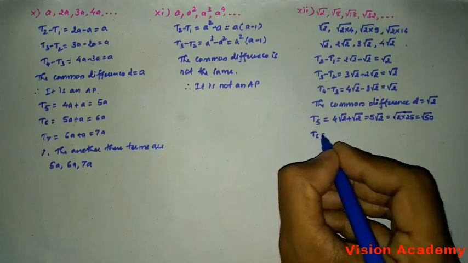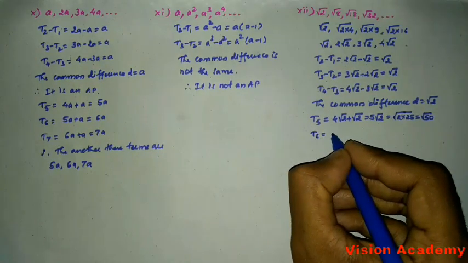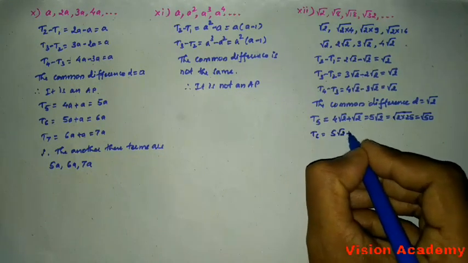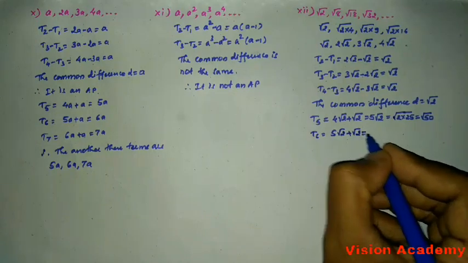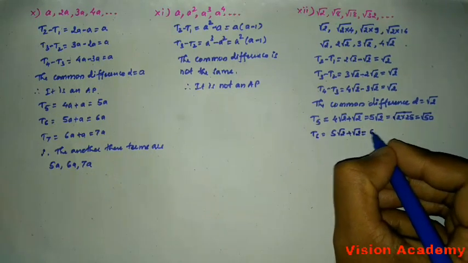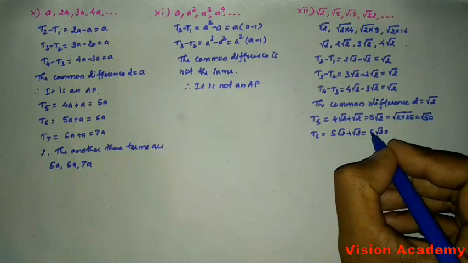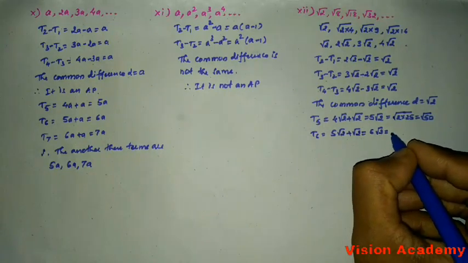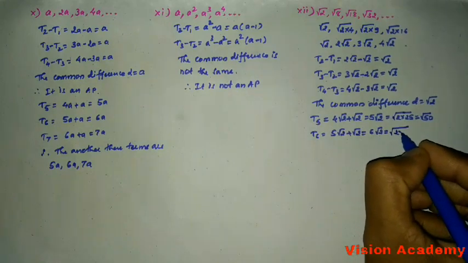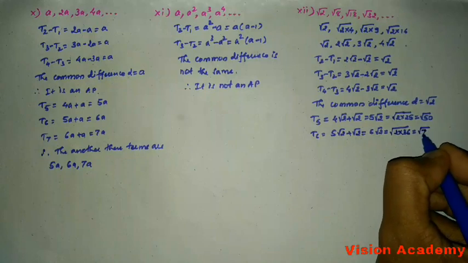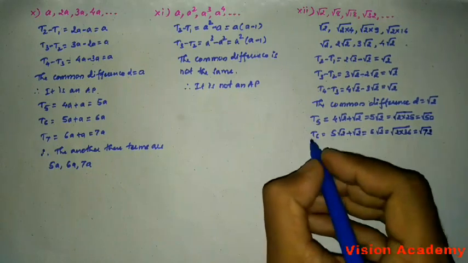Next, T6 is equal to 5 square root of 2 plus square root of 2, which is equal to 6 square root of 2. If I bring this 6 inside the square root, it will become 36. Square root of 36 into 2 is 72.